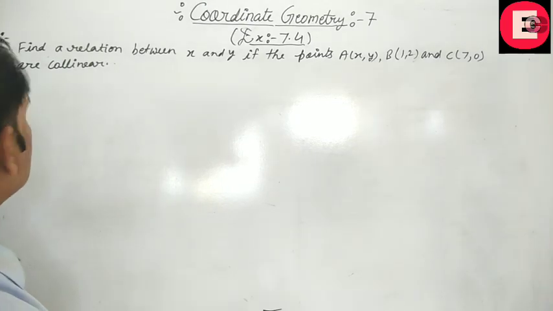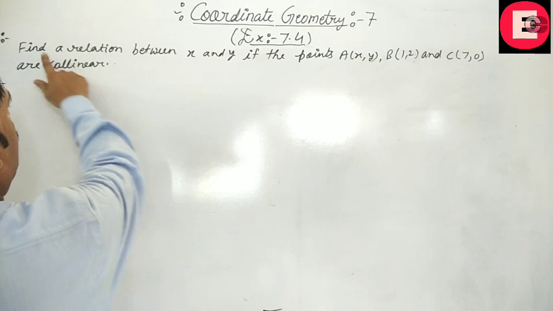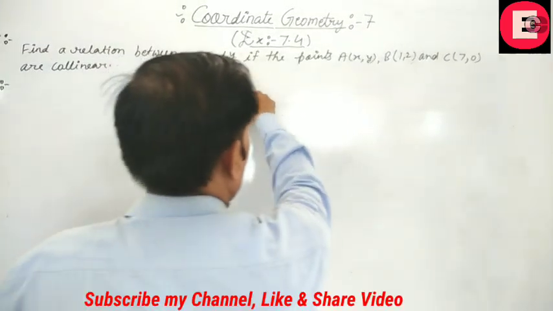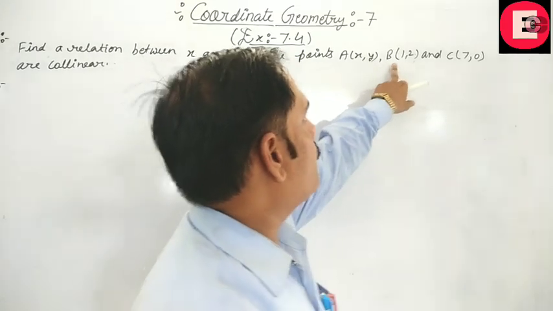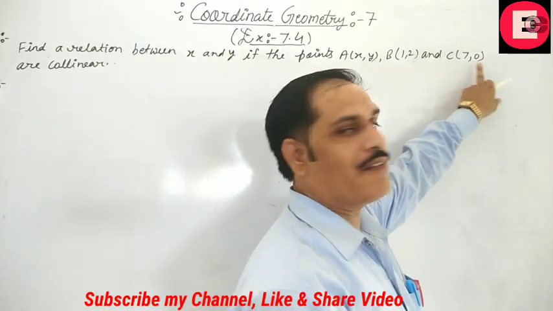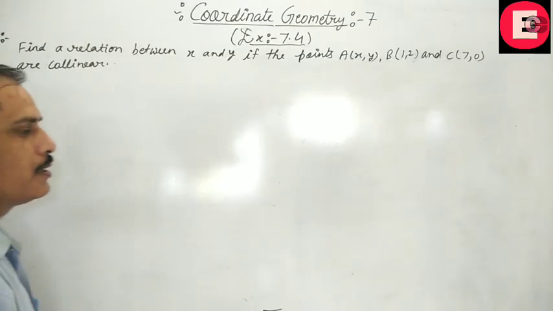Now here is the second question of the exercise. The question is: find a relation between x and y if points A(x, y), B(1, 2) and C(7, 0) are collinear.